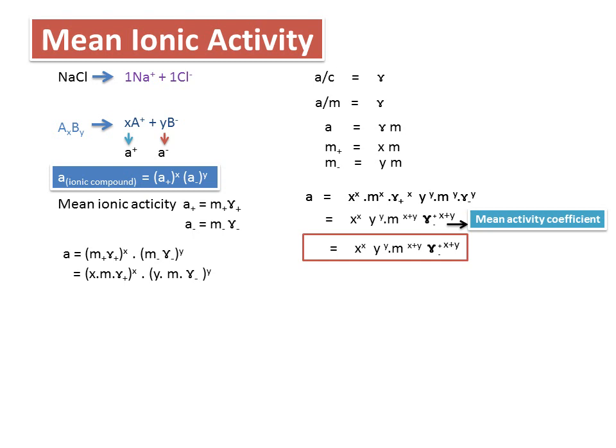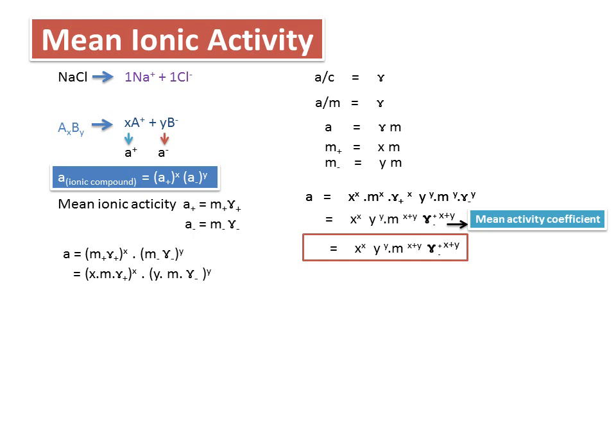So the number of moles of cations shows how many cations are released. So it will be called its mean ionic activity of cation. So the stoichiometric number of cation is x, and of anion is y.